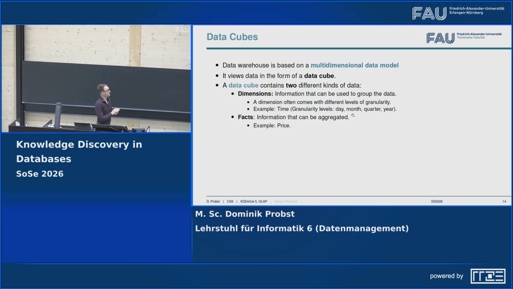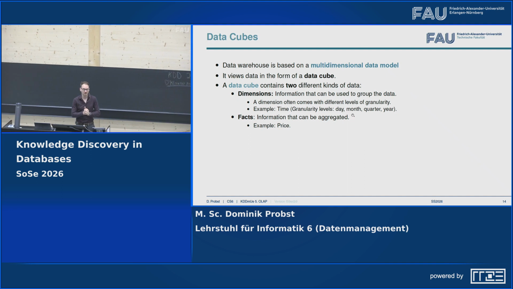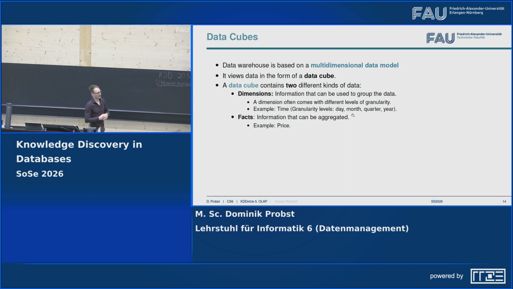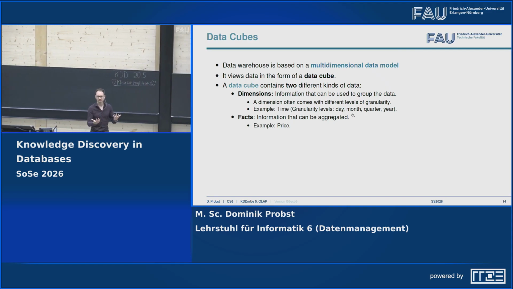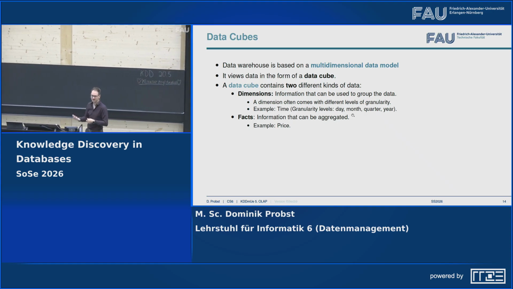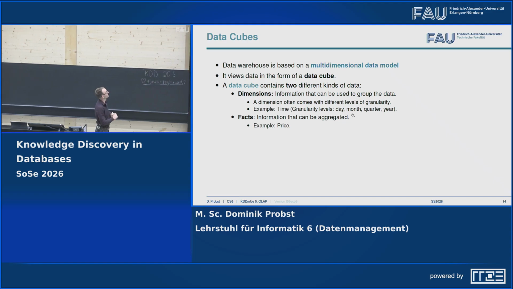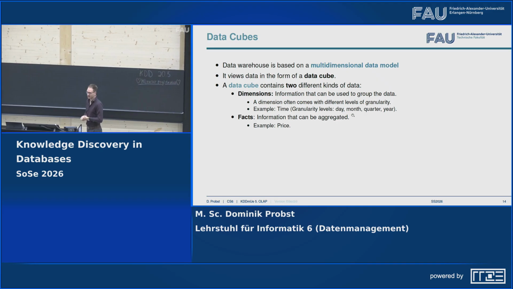To note, a very important fact is that a data warehouse is always multidimensional. Often, the best multidimensional thing we can still visualize is a cube. We can't visualize a hexahedron very well, but a cube is something we can still visualize.